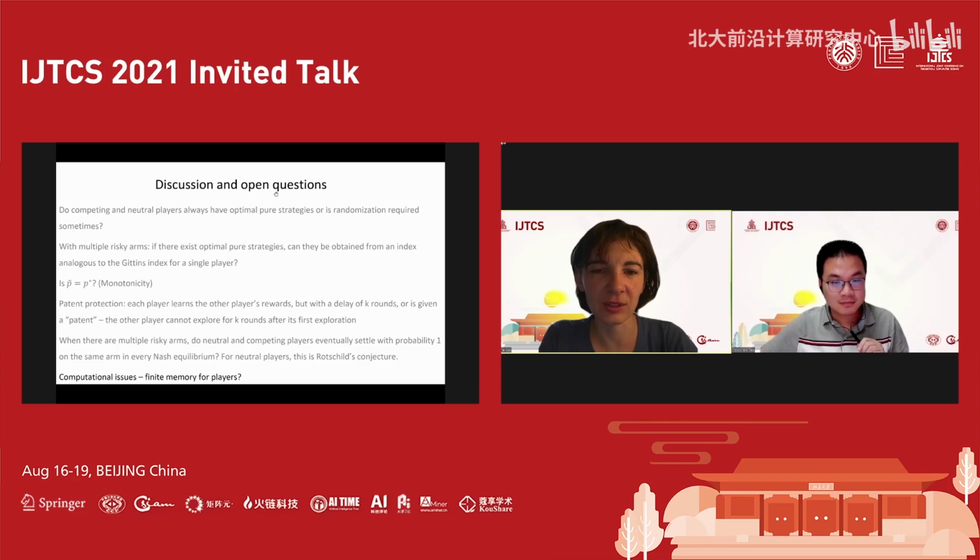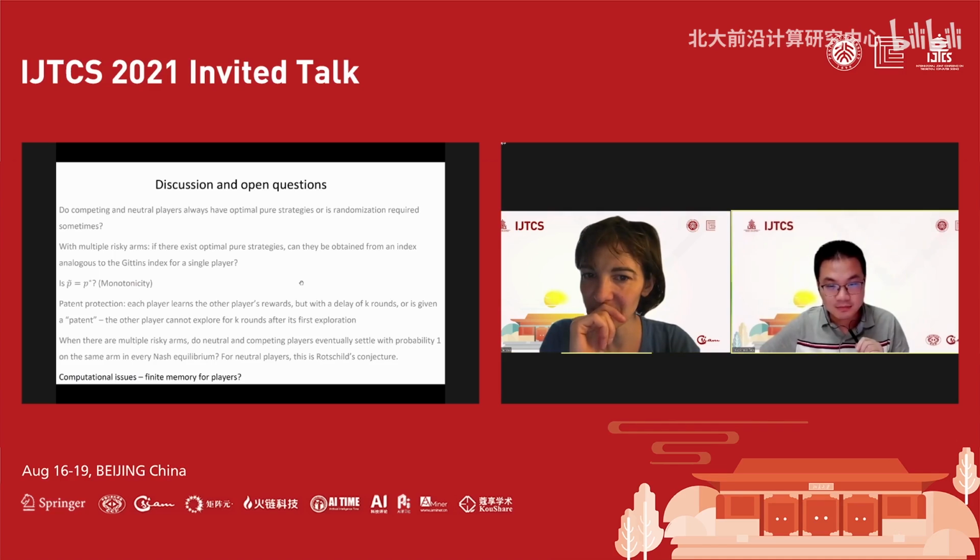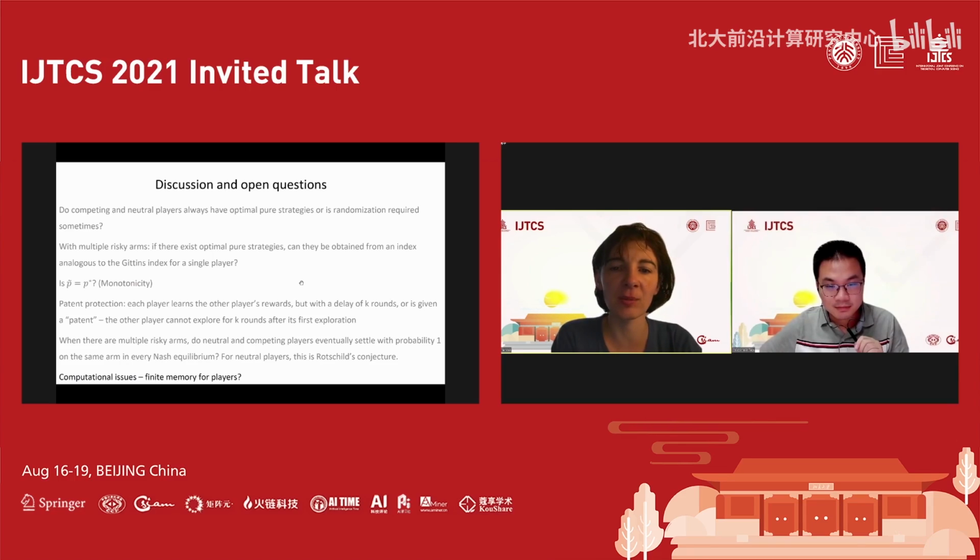We do have some results in the paper for a range of lambda. But I'm not sure I understand the question. Whether there is a threshold such that below it, Alice and Bob choose the same arm? I'm not sure actually, I don't know.